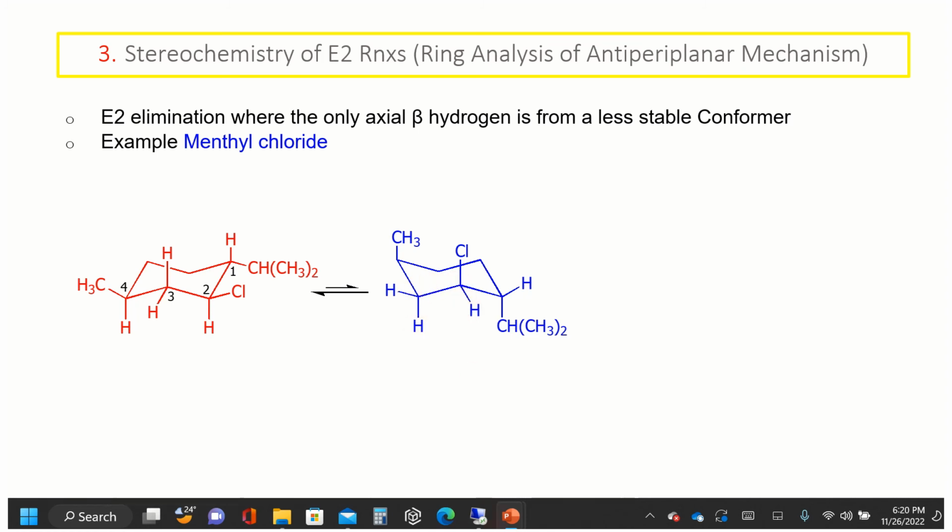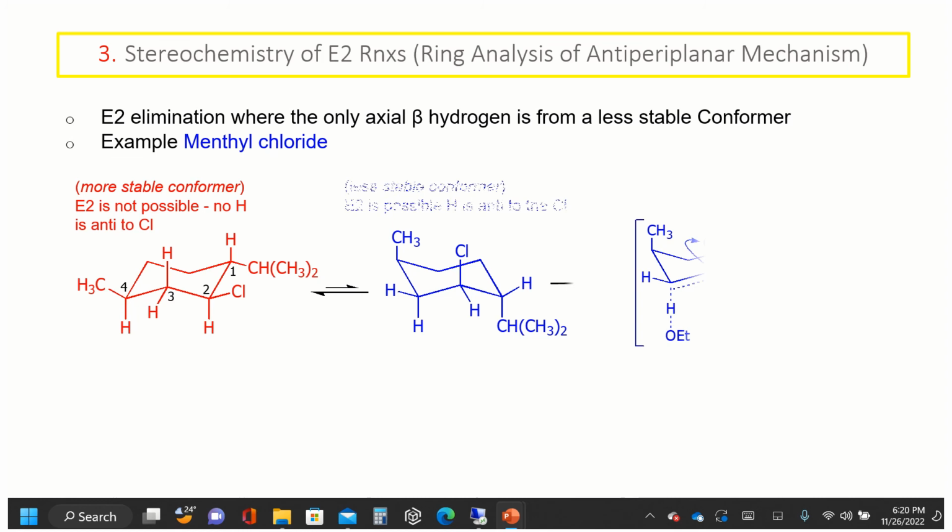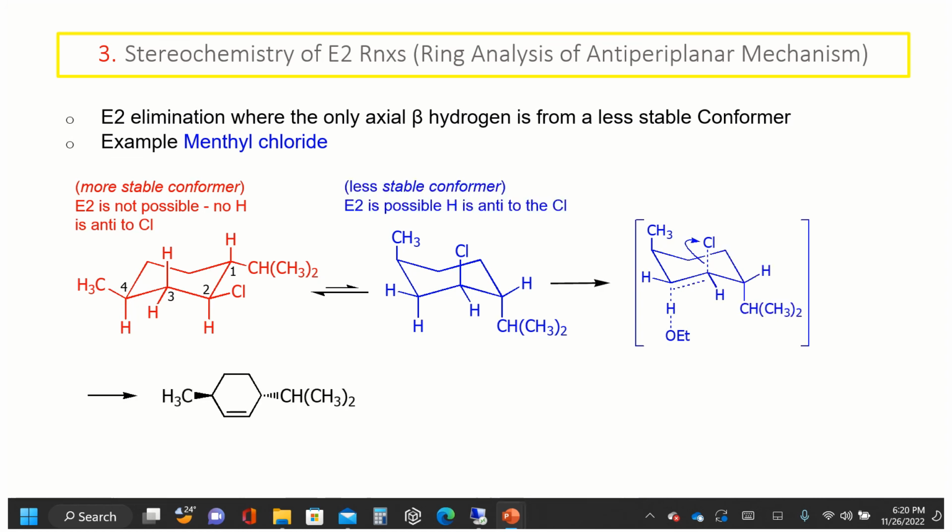But because it's elimination across the least stable conformer, this reaction is slow. So not only do we get the disubstituted species, but we also have a slow reaction.